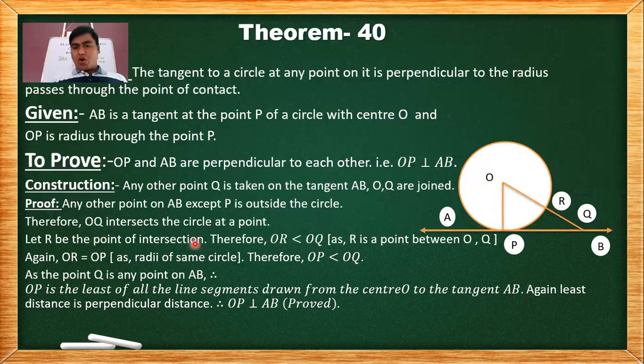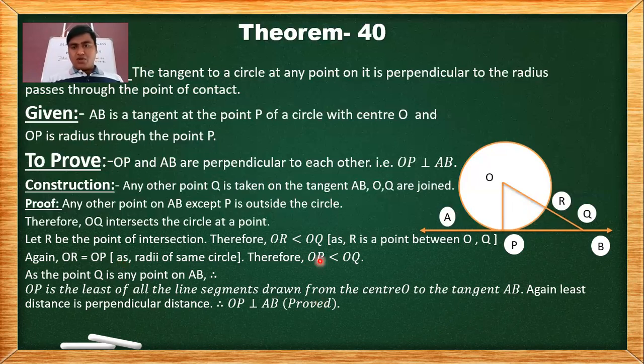Therefore OR is less than OQ, as R is the point between O and Q. Again, OR equals OP, because both are radii of the same circle. We know radii of the same circle are all equal.